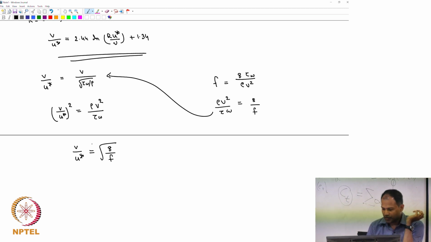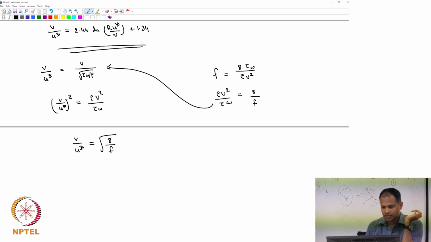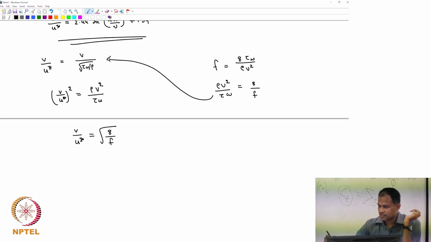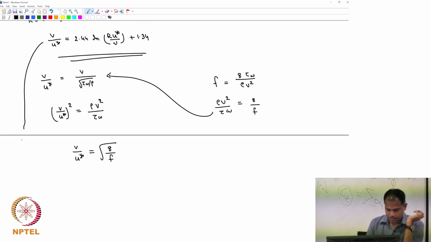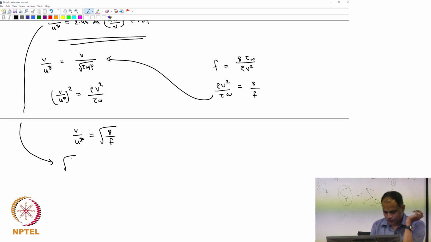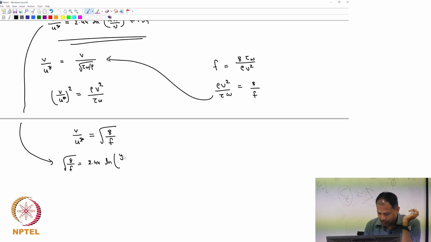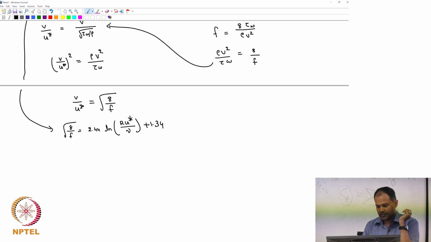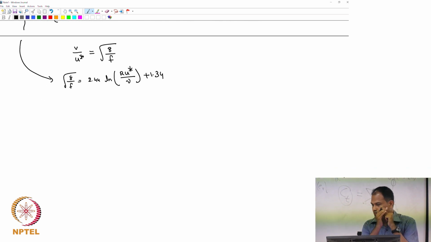So I can immediately say that this expression is nothing but root of 8 by f is equal to 2.44 ln r u star by nu plus 1.34.